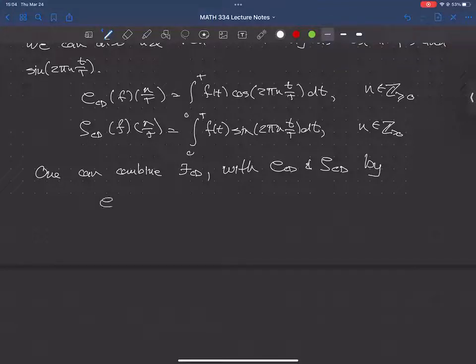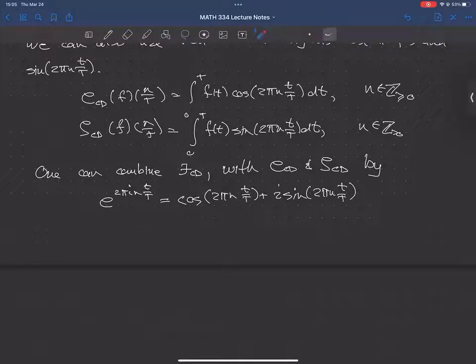So e to the 2 pi i n t over T is cosine 2 pi n t over T plus i sine 2 pi n t over T.